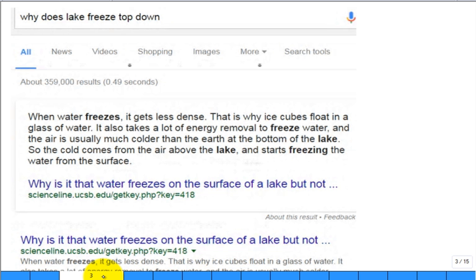Lakes freeze from the top down. And if they froze from the bottom up, you could freeze a much thicker, deeper lake. And it would not be so good for anything trying to live in that lake.